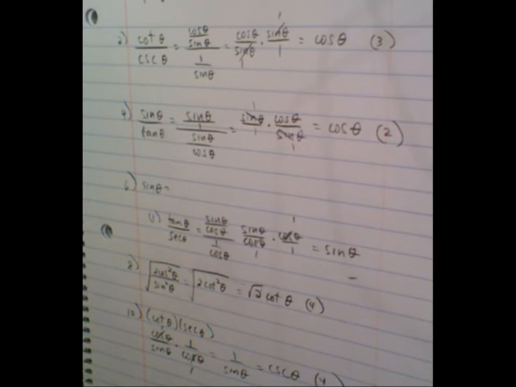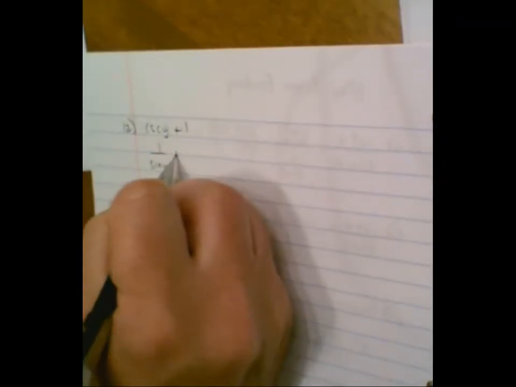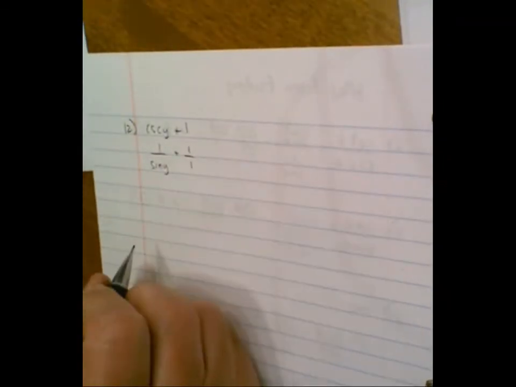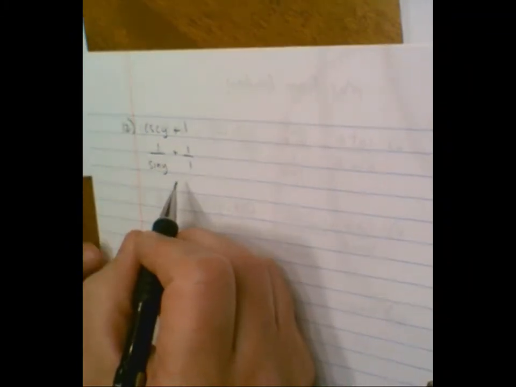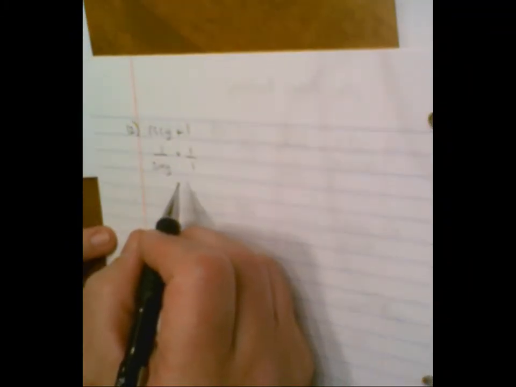I am now going to go to the next page, number 12. Cosecant y plus 1 is equivalent to which of the following? Okay, so cosecant is 1 over sine. 1 over sine y plus 1 over 1. You can't add or subtract fractions unless you have a common denominator.